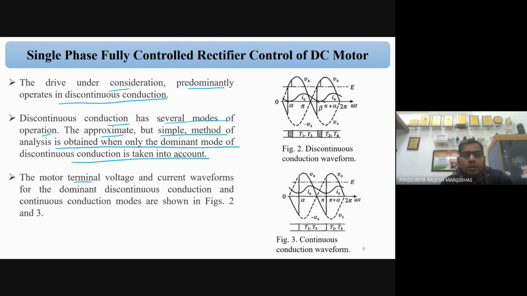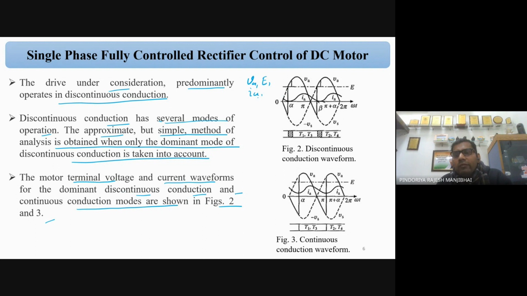The motor terminal voltage and current waveforms for the dominant discontinuous conduction and continuous conduction modes are shown in figures 2 and 3. You can see in this figure there is the voltage VA, the EMF voltage, and IA, the armature current, which is positive as well as negative.